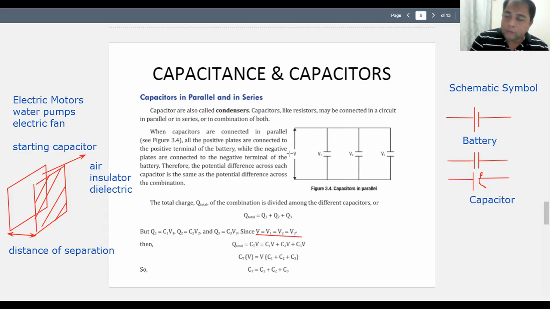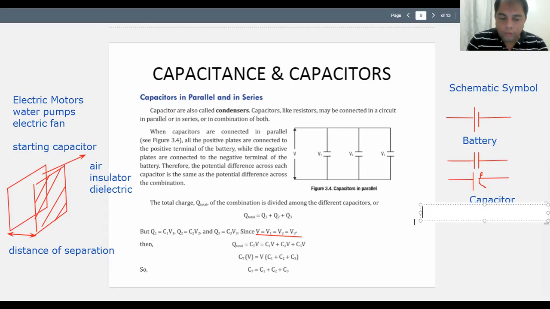So the voltage of the source or the battery will be equal to the voltage of capacitor 1, and capacitor 2 will have the same voltage, according to this equation.